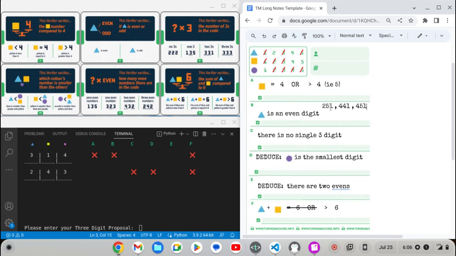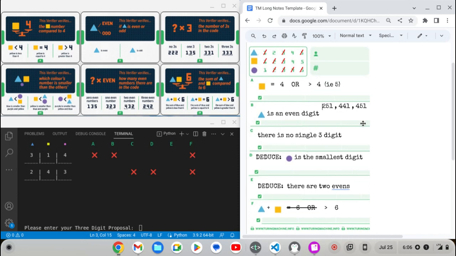No 3s. Well, I did cross it out. And they all have circles the smallest and 1 even. So I think we can cross out 251 and 451 as being ambiguous because it meets all of the criteria.